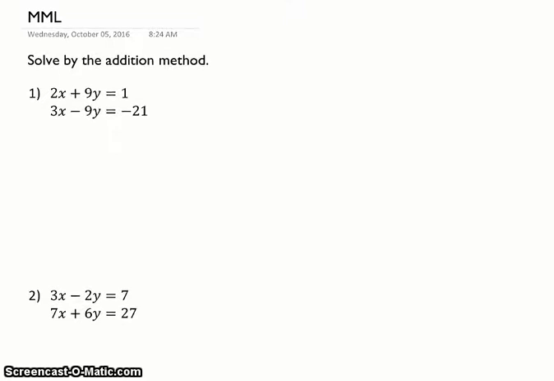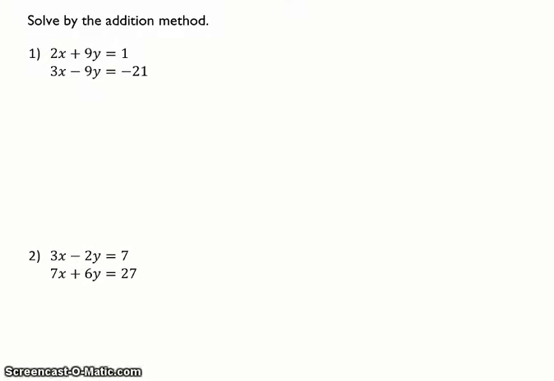So for example, in this problem, we want to solve using the addition method, and we notice immediately that the y term has opposite coefficients. So I'm going to add the two equations, and what happens is the following. 2x plus 3x is 5x.